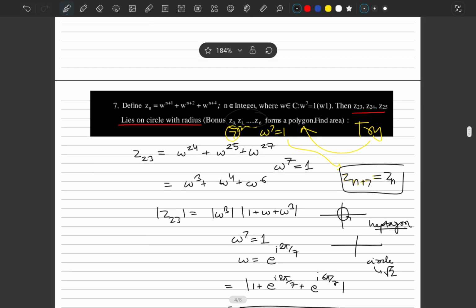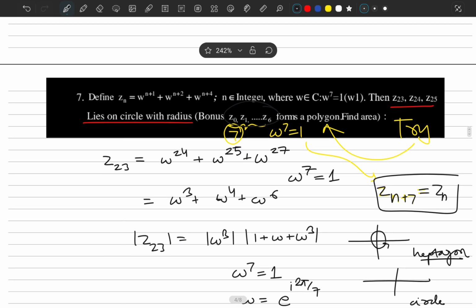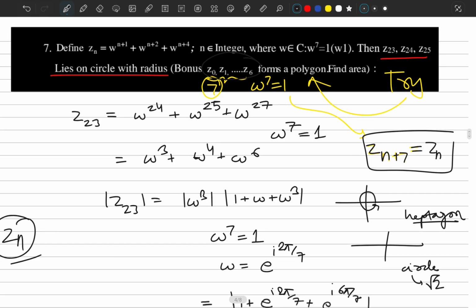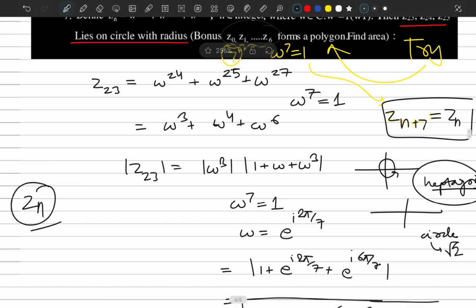Okay, you have to prove that all these numbers zn lie on a circle of radius root 2, and you also have to see the area of a regular heptagon inside a circle of radius root 2. What will it be?